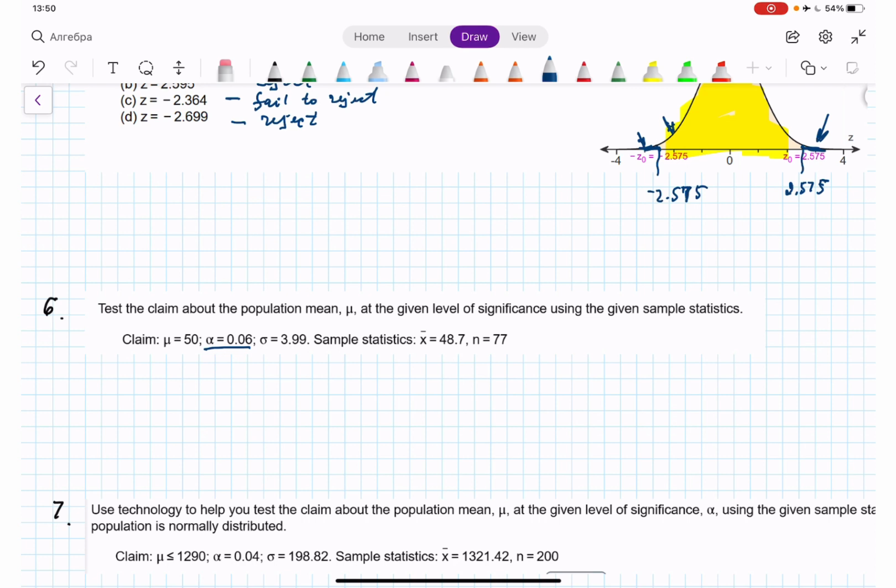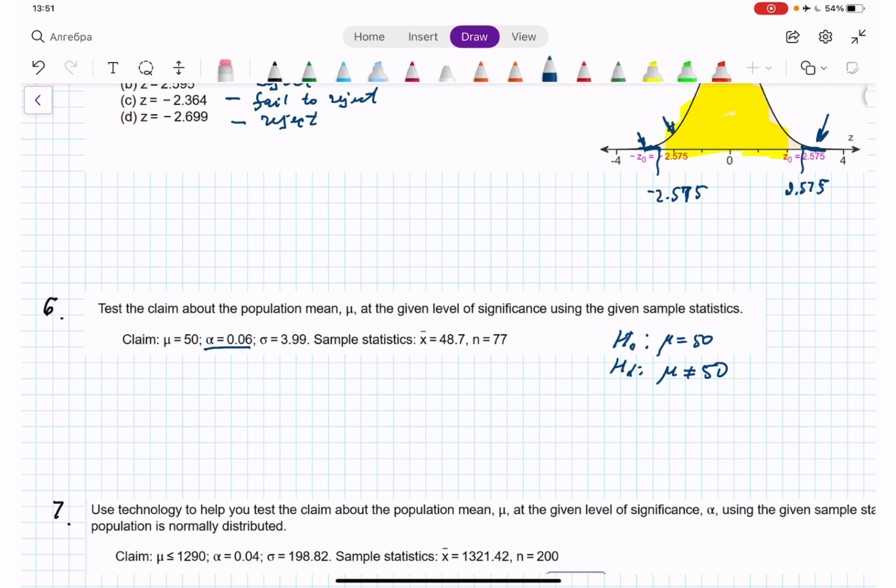So first we need to identify our hypothesis test. Since our claim is mu is equal to 50, which is going to be our null hypothesis, then the alternative one is going to be mu is not equal to 50, right?